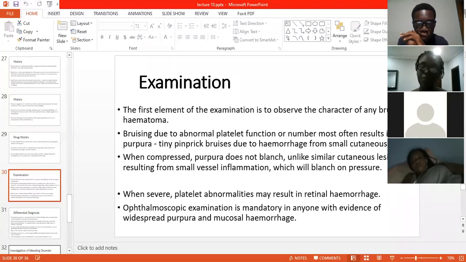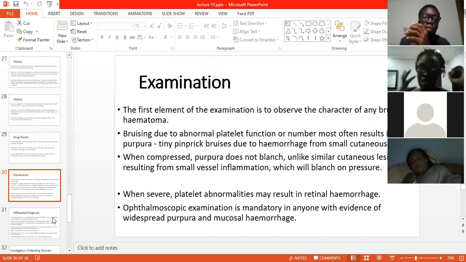Purpura is tiny spots or rashes from pinpoint bleeding. In dark skin, you don't see it as reddish; you would see some blackish spots. And when you press it, it doesn't blanch or change color. That is an indication that you have superficial bleeding or platelet abnormality going on.